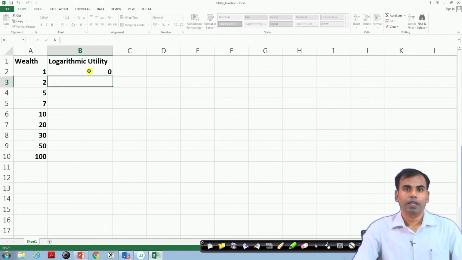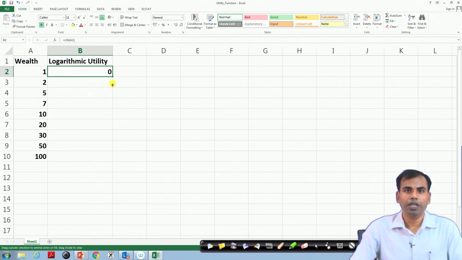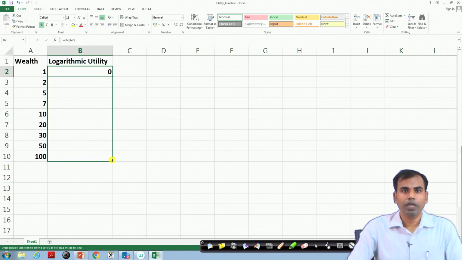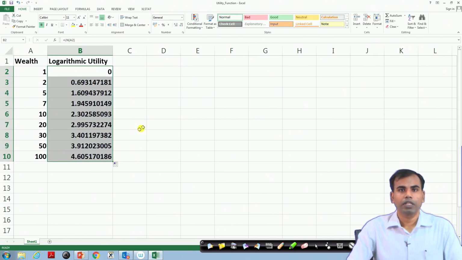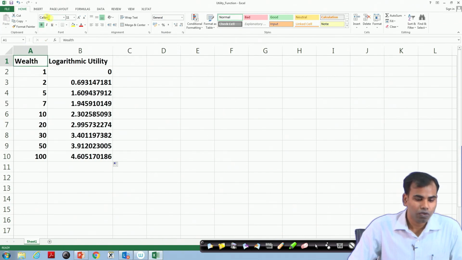Similarly, if we calculate the logarithmic utility function for all these numbers given in column A, we will find a series of numbers that will be the logarithmic value of the numbers in column A. To understand it, if we plot these values in a graph, we can simply show the curve representing the logarithmic utility function.